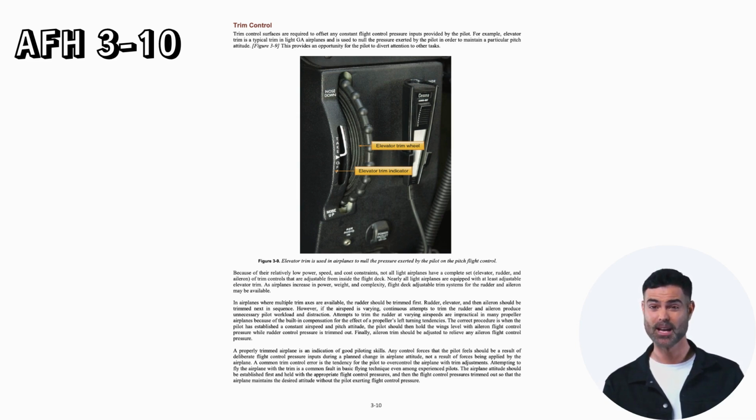Attempting to fly the airplane with the trim is a common fault in basic flying technique, even among experienced pilots. The airplane attitude should be established first and held with the appropriate flight control pressures, and then the flight control pressures trimmed out so that the airplane maintains the desired attitude without the pilot exerting flight control pressure.